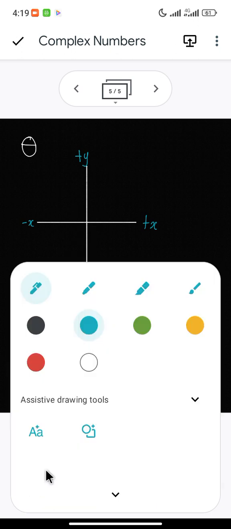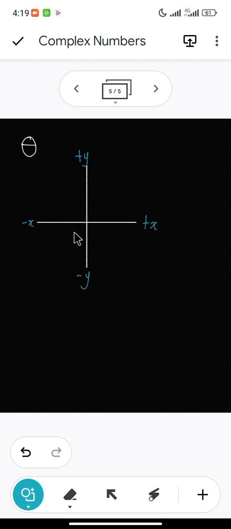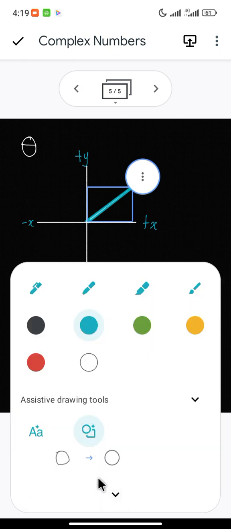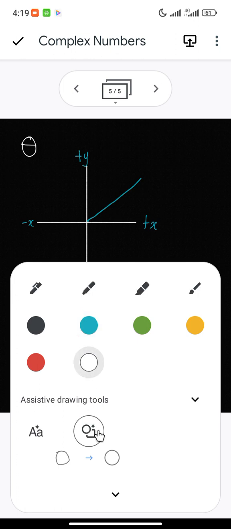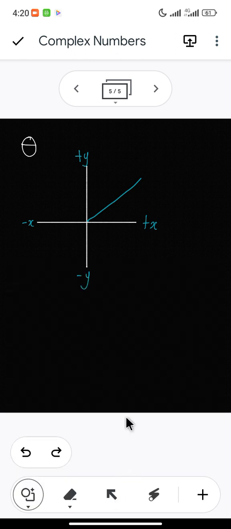Now let's take an instance where you plot your graph and you have a straight line from here. Now this line, this your plotted line, is the modulus, which is r. It's all going to make sense when we start solving. Now the augment is just the angle between positive x and r.